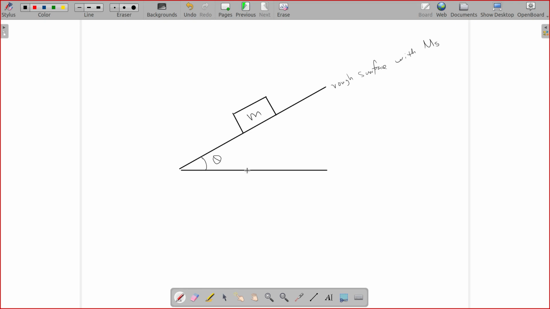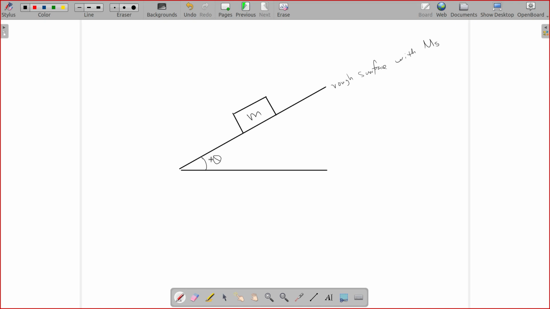Let's say you keep on increasing the theta. At the beginning theta was 0, means there was no slant surface. The surface was completely horizontal, and you started increasing this angle theta from 0, 1, 2, 3, 4, 5 degree, etc. gradually.